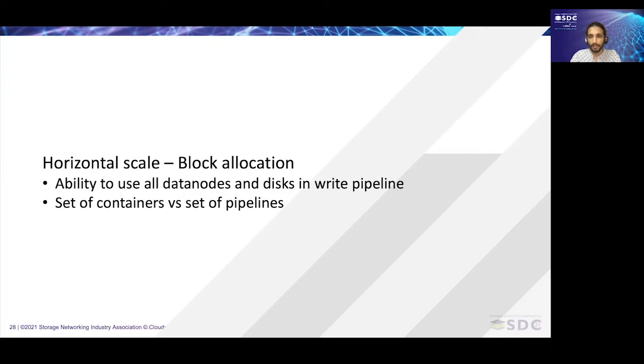This helped in providing a more balanced data write path. Even a random allocation of pipelines in the cluster would provide much more uniform block allocation.